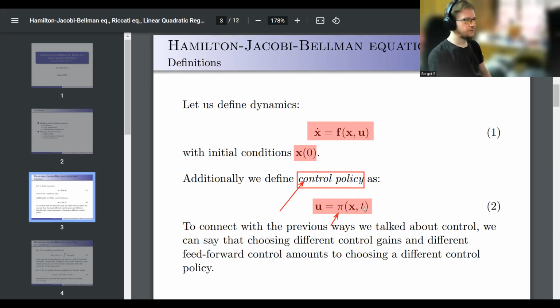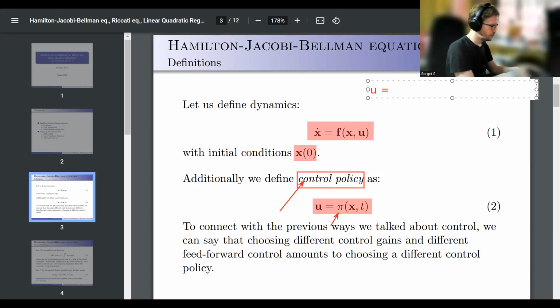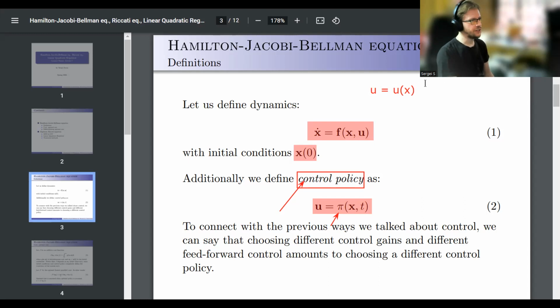But more correctly, when you have a function, you call the function one thing and the output something else. Function and output are not usually the same thing. Usually we say u is equal to u of x, so u is a function of x. The abuse of notation comes from the fact that the output of the function and the function itself are denoted by the same letter.